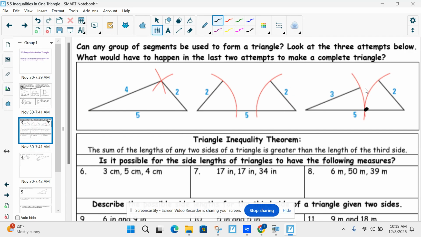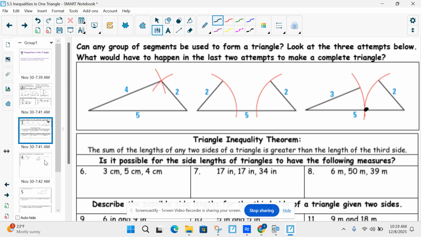even if you try to reorient the sides in a different way. So the triangle inequality theorem says the sum of the lengths of any two sides of a triangle is greater than the length of the third side. So the other two sides have to add up to be a number greater than the third side, and that has to be true for all 3 possible combinations of sides, in any order of adding them.